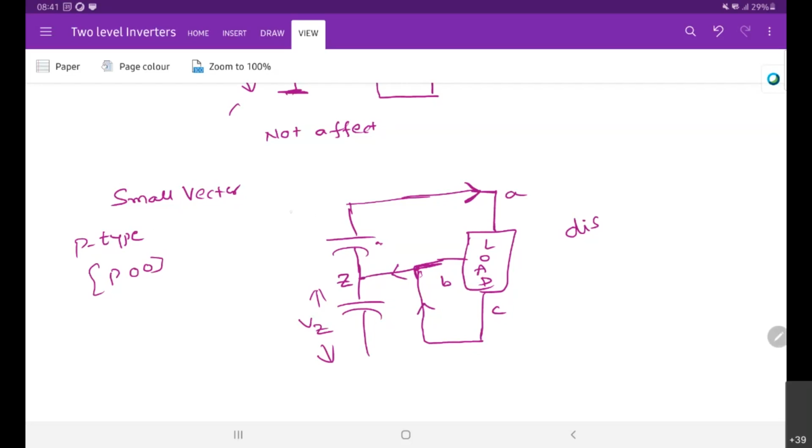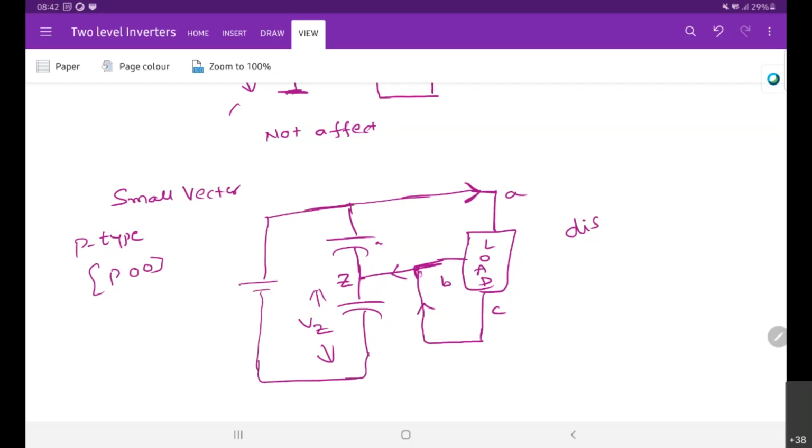So we have this control mechanism such that these two DC sources must be equal, and equal to some reference value, right? So these two DC capacitors are equal to some reference.